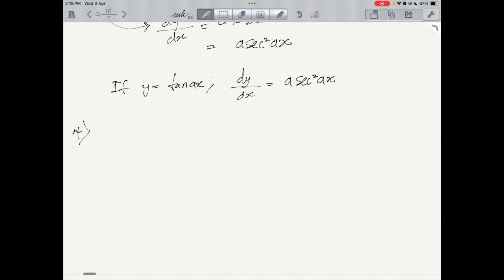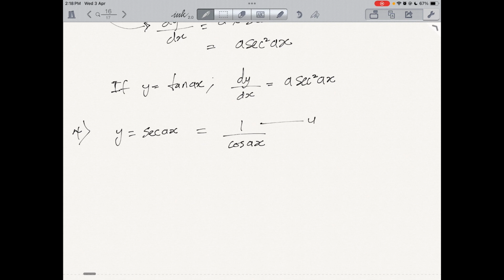Question number 4, evaluate the derivative of y equals sec ax. Now, we know that sec ax is 1 over cos ax.